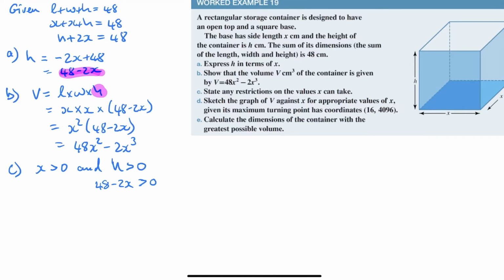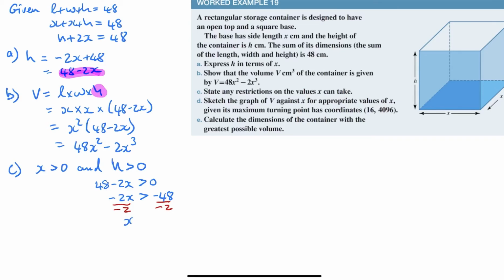Now I'm going to subtract 48 on both sides, so minus 2x is greater than negative 48. I'm going to divide by negative 2 on both sides. Now please remember the following. The textbook made a mistake here. The moment I divide or multiply by a negative, my inequality sign changes.